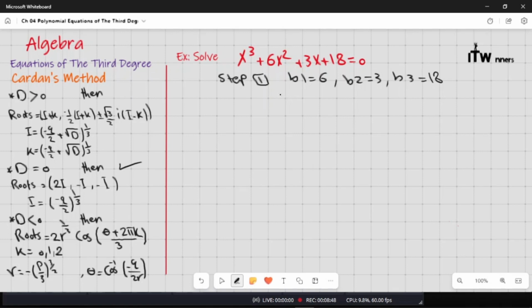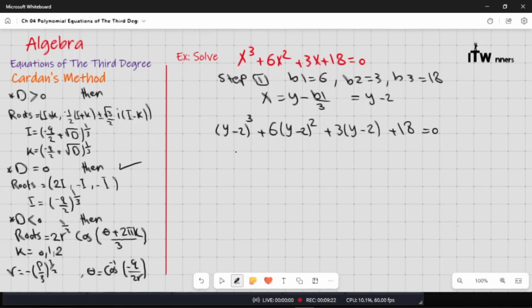Okay, so here we will just replace x by y minus p1 by 3. So we have here y minus 2. Okay, so we have here (y minus 2) cubed plus 6 (y minus 2) squared plus 3 (y minus 2) plus 18 equal to 0. We will just expand our brackets.